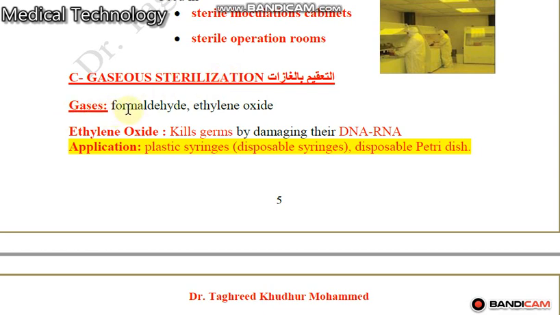There are two main gases which are used to sterilize different materials: formaldehyde and ethylene oxide. Ethylene oxide kills germs by damaging their DNA and RNA, and its application is to sterilize plastic syringes.